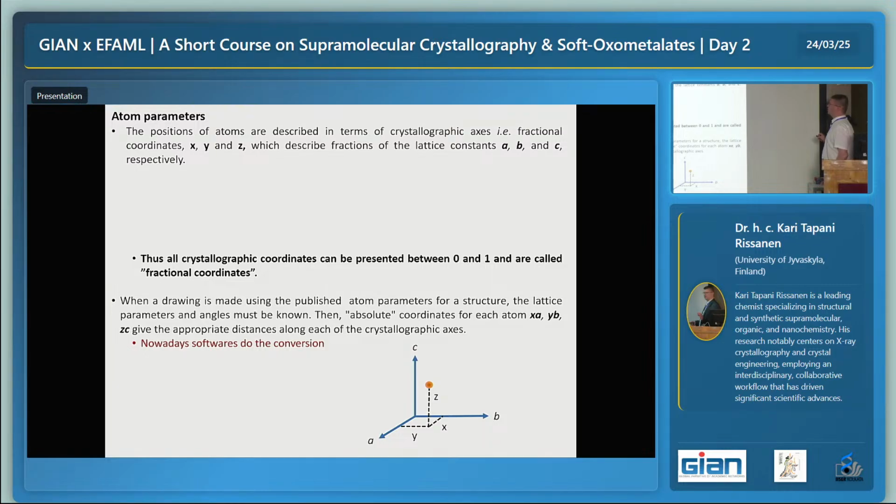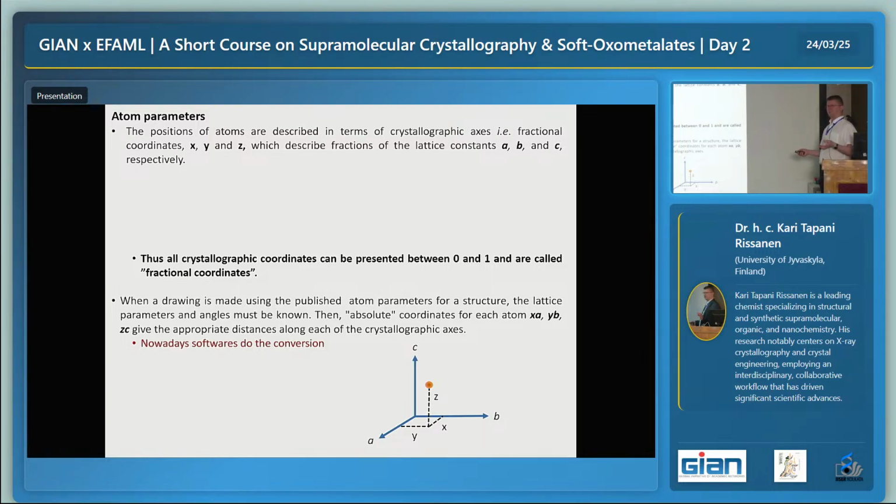We describe it in reference to the crystallographic axes, A, B, and C. So the unit cell axes will define things for us. We call them fractional coordinates, x, y, and z, because these describe fractions of A, B, and C. So we don't have to give any absolute numbers. When we know the unit cell, only this x, y, and z will tell us where the atom is, the coordinate of this atom.